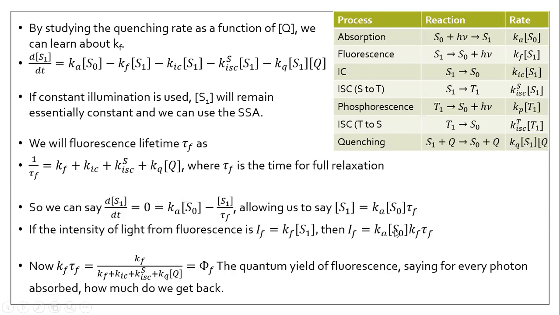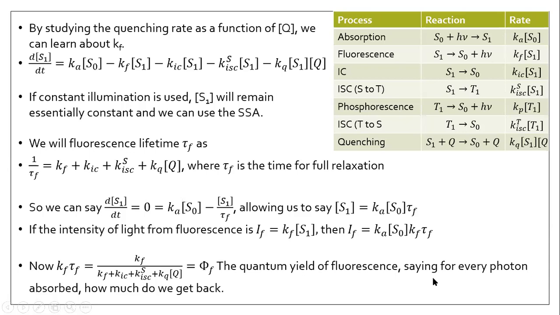Because we said S1 is right there, essentially, how many molecules do we have? How rapidly do they absorb? How rapidly do they fluoresce? And then what is the time for full relaxation? Now, kf tau f is going to be kf over kf plus kic plus kisc plus kq[Q], which is our phi f, essentially the quantum yield of fluorescence.